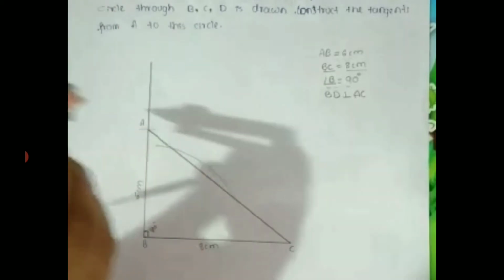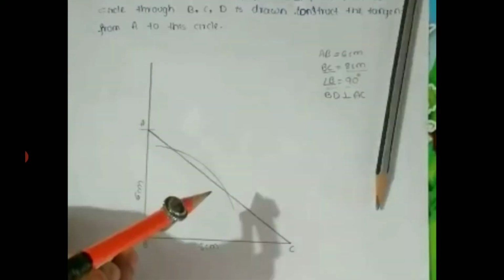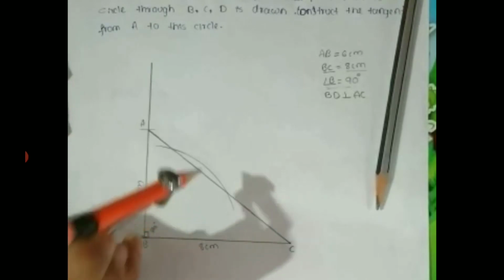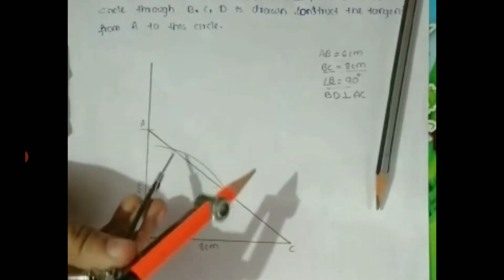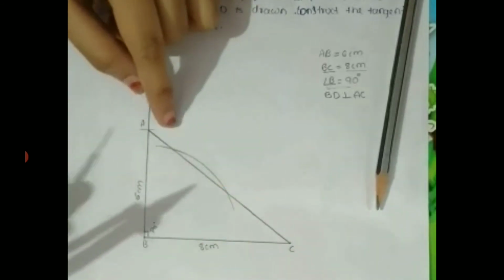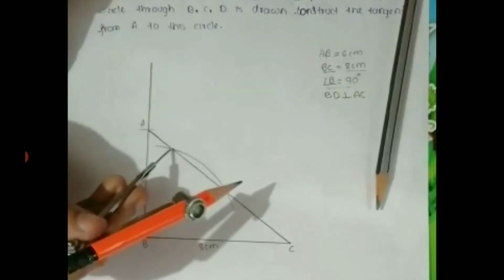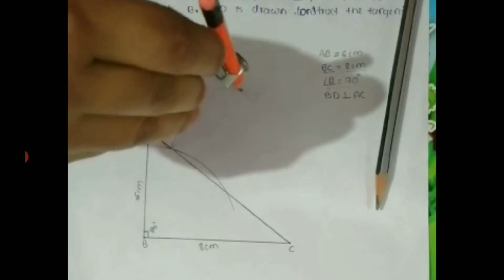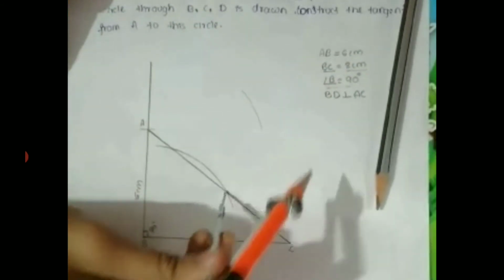Now you got 2 points, and with one point of intersection draw a curve like this way and cut the previous curve without changing the measurement of the radius.